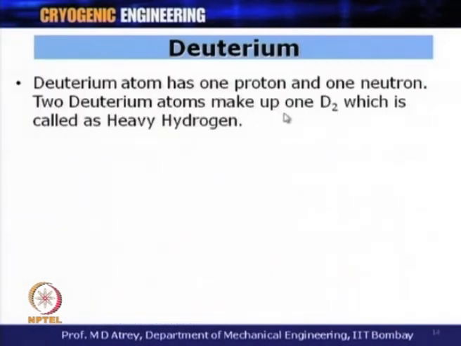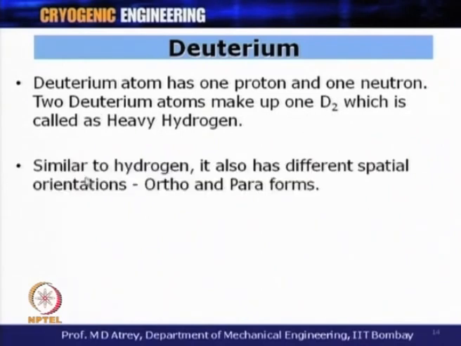The second gas or the isotope of hydrogen is deuterium. It has got one proton and one neutron, and two deuterium atoms make one D2, which is called heavy hydrogen. So, you know D2O is heavy water and D2 is what we call heavy hydrogen. Now, similar to hydrogen, deuterium has also got ortho and para forms, but they are in different proportions.